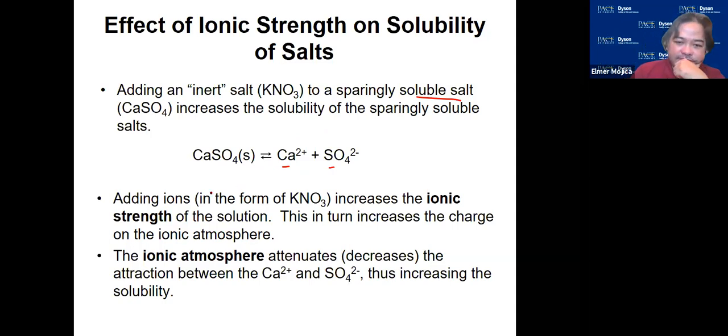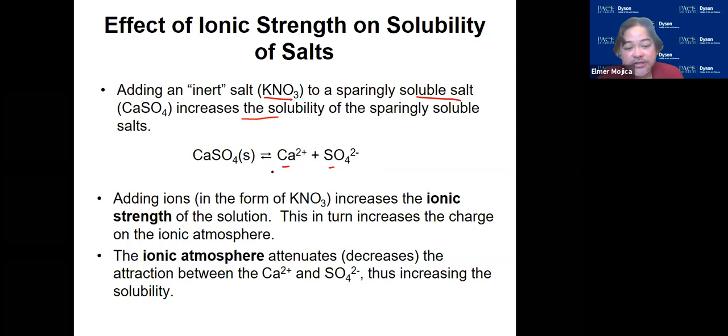When they add KNO3, so this is a sparingly soluble salt, it increases the solubility of the given salt. Now, the question is how or why it happens. And the explanation why it happens is also answered by the question how it happens.